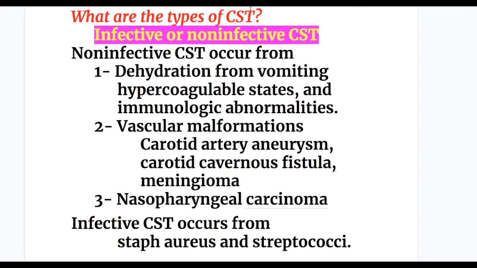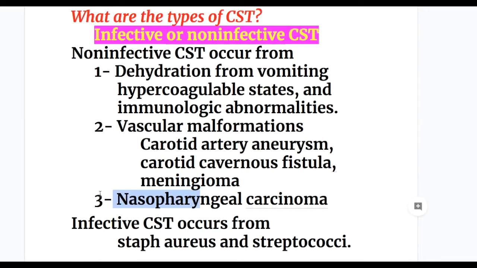What are the types of cavernous sinus thrombosis? It may be infective or non-infective CST. Non-infective CST occurs from number 1. Dehydration, hypercoagulable state, and immunologic abnormalities. Number 2. Vascular malformations, carotid artery aneurysms, carotid cavernous fistula and meningioma may cause cavernous sinus thrombosis.